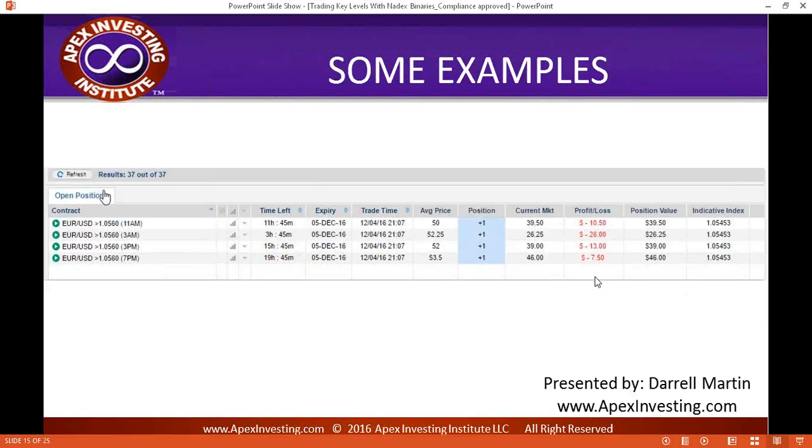So look what happens over time, okay? Notice the market moved against me when I bought. A little while later, the market started to go down. Which one of these has the highest loss showing right now? Well, the one with the quickest expiration, right? Because my price is moving faster the closer I get to expiration, okay?